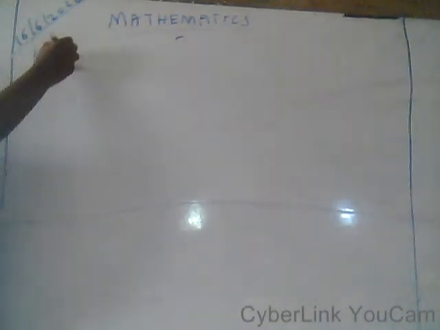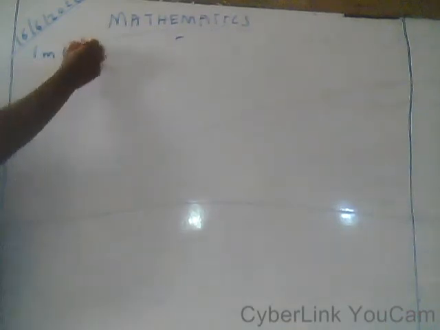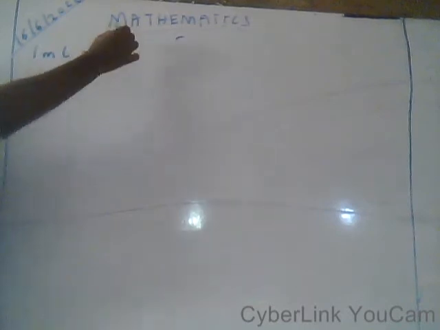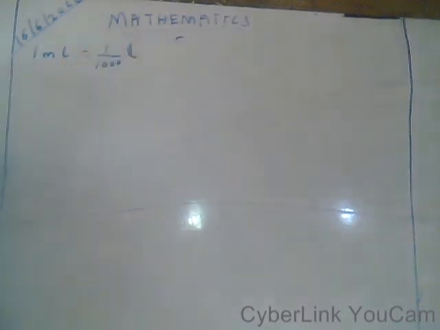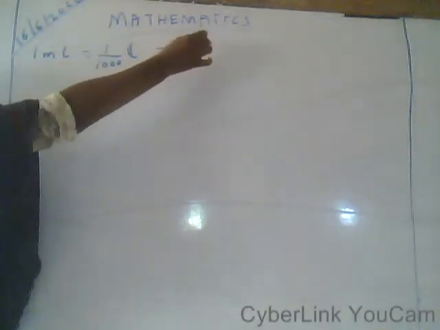Mind you, I told you 1 milliliter is 1/1000 liter. In the table, remember we have 2 columns. You are going to put the answers in 2 columns, the volume and the capacity. So this is our capacity.